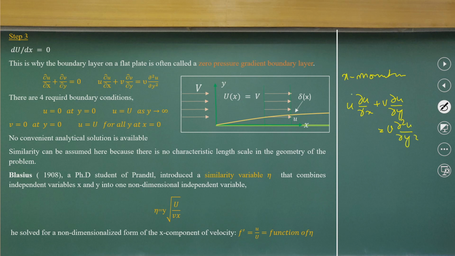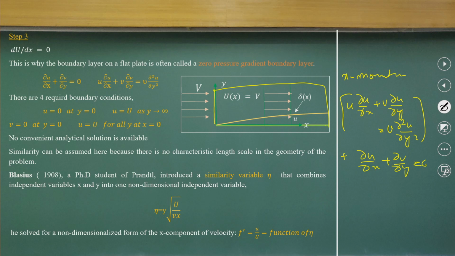This is along with the continuity equation, del u by del x plus del v by del y equal to zero. So, these equations need to be solved. As I told earlier, for a simplified geometry like this is our domain, in this domain we need to solve these two equations to know within the boundary layer how the velocity distributions are and how the skin frictions are.